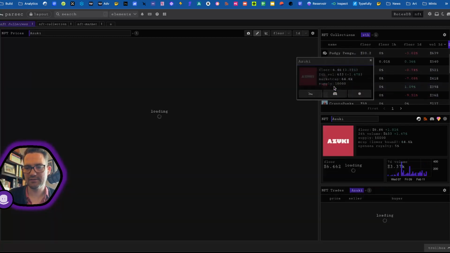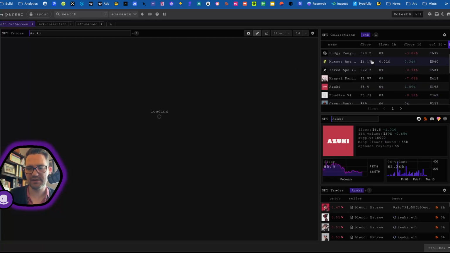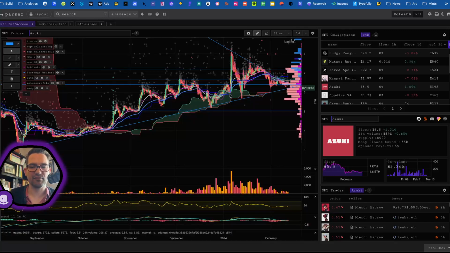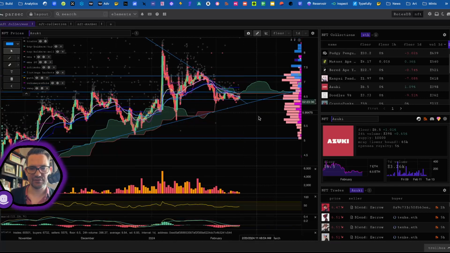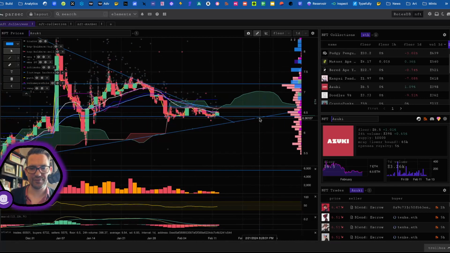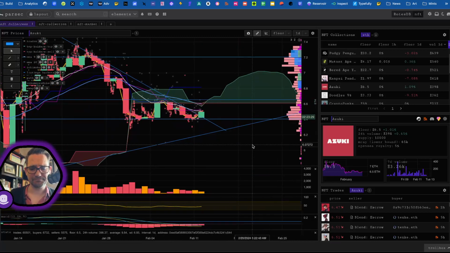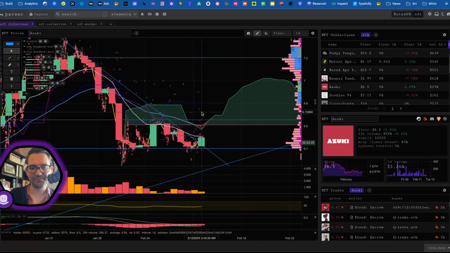So what else? Azuki to me is the chart that tells the market, in terms of whether or not they break out or they continue or they break down, and almost the apes are very similar there. I think overall both of them are quite at key levels, and I see a bit of a breakout happening on this candle right now, which is good.